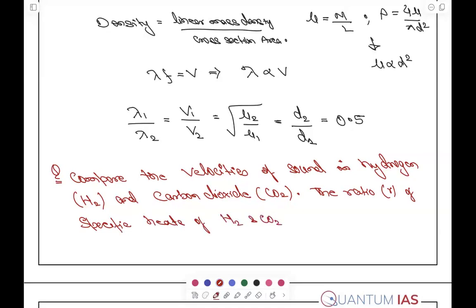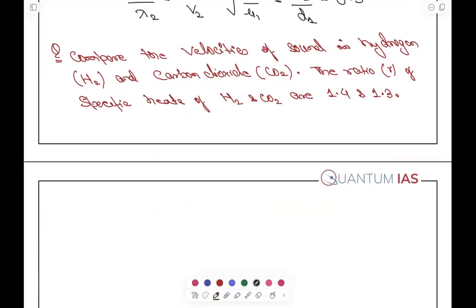Achha, these types of questions you will also get in the thermal part, 1.4 and 1.3. Solve it. There is nothing in this one either.